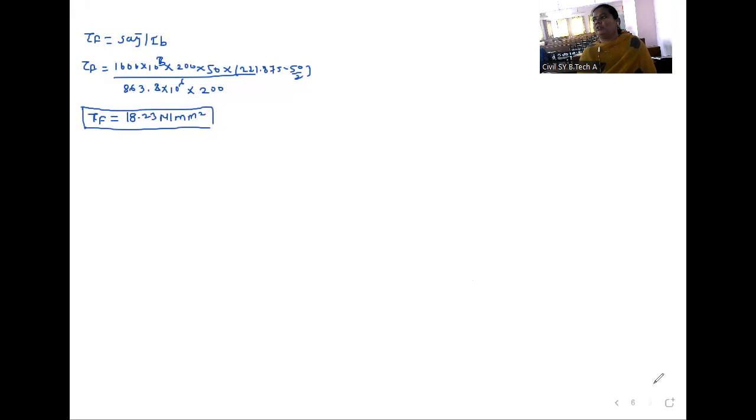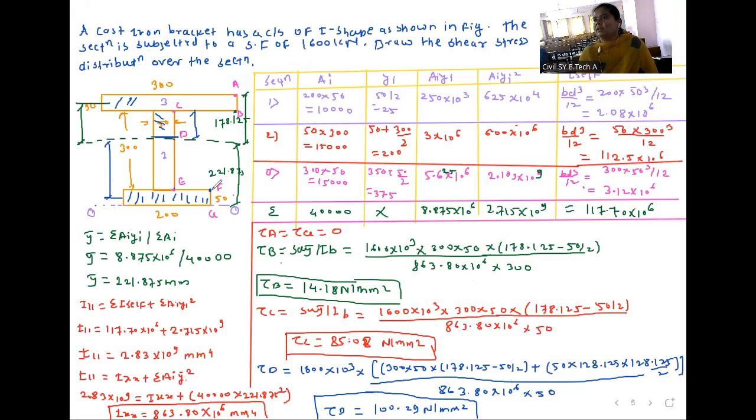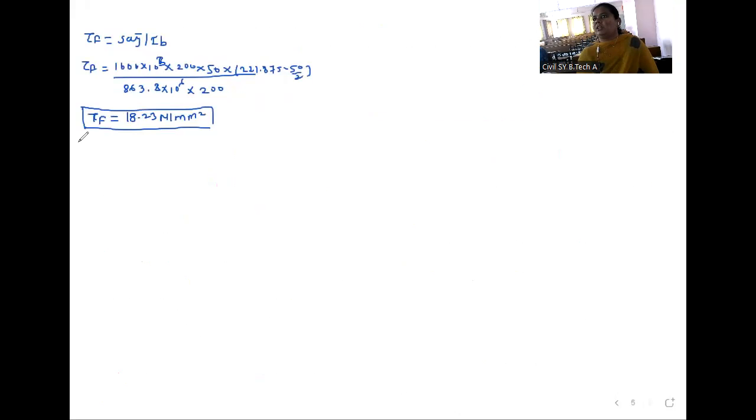See, now at which point is it left to find out? Your E point. At the F point, the other values remain the same, only the width, instead of 200, will be 50. So shear stress at E, which is equal to 1600 into 10 raised to 3 into 200 into 50 into 221.875 minus 50 by 2, then divided by 863.8 into 10 raised to 6.